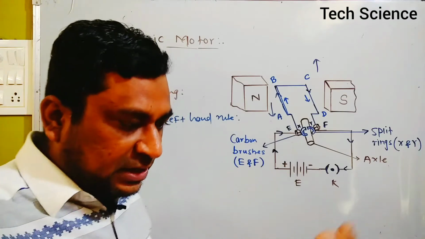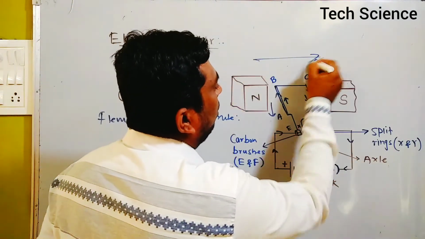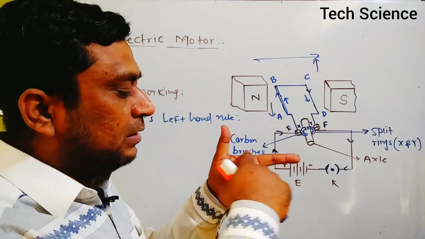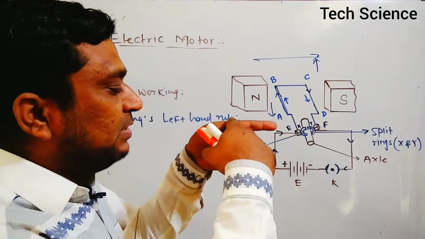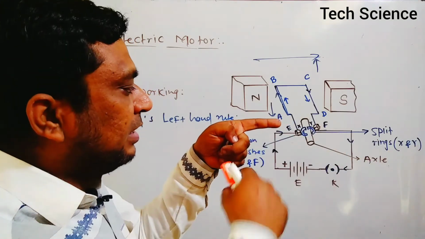Now, the current is in the inward direction. Am I right? Magnetic lines of force move from north to south. It means that the index finger shows the direction of magnetic field, north to south. Current is in the inward direction.